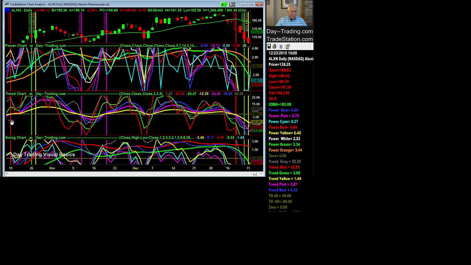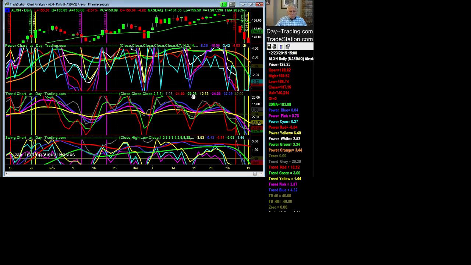Over on this side, the trend trio crosses above the zero line. These two pink lines in the middle show us where the trend trio went down below and then back right away back up after about 4 or 5 days.